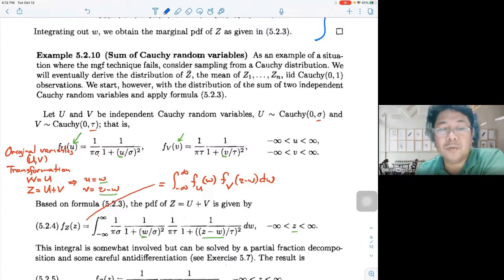Okay, so the original variables here is U and V, and then since we're going to use the previous theorem, that is in terms of W and Z. So we use the random variable for our transformation, W be equal to U, and Z be equal to U plus V. Sa theorem natin, X plus Y, X and Y man yung random variable, original.